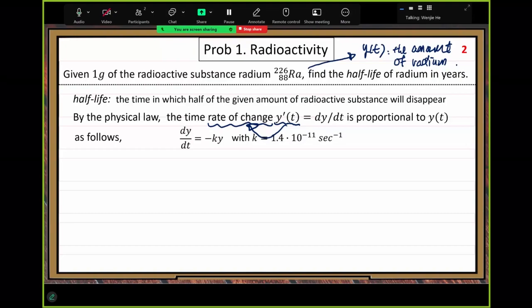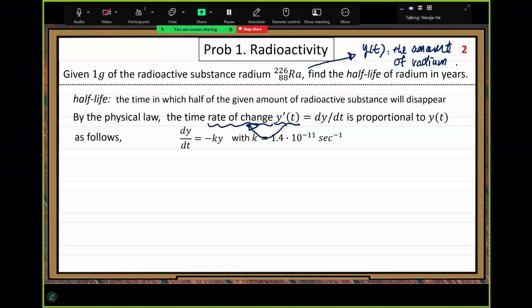The constant is given. The constant K equals 1.4 times 10 to the negative 11, and the unit is 1 over second, reciprocal seconds. Why 1 over second?